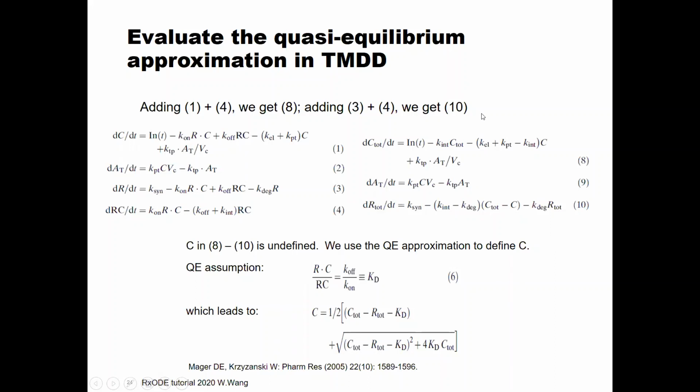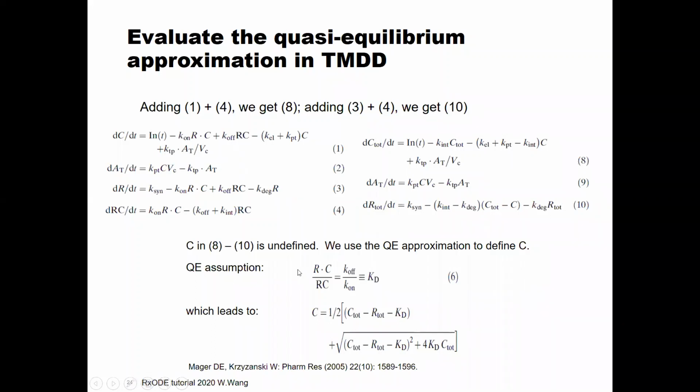They give you the formula for the full TMDD model. You can simplify that using this quasi-equilibrium assumption to have a reduced set of differential equations. For the full TMDD, you'll have 4 differential equations. With the quasi-equilibrium approximation, you have these three differential equations.